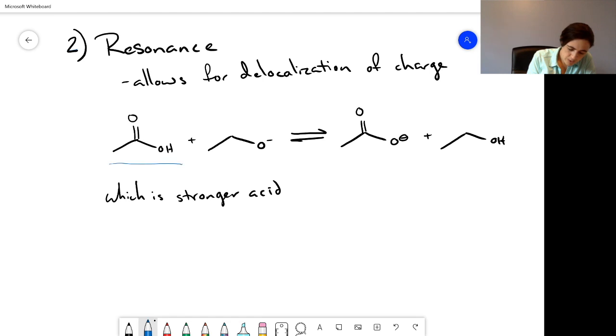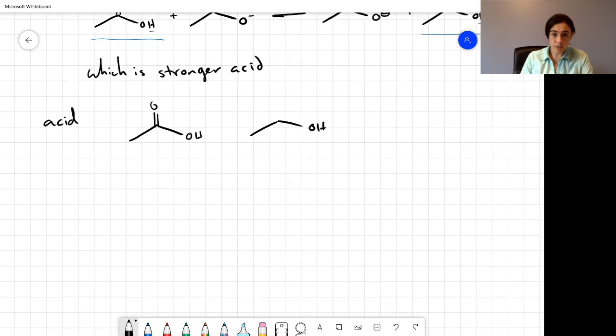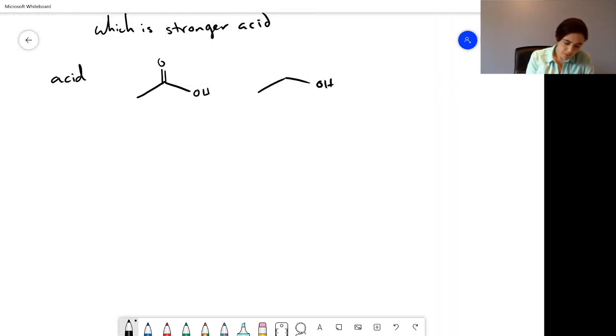We have a proton here, and our proton ends up being there. So our acids in this case are our carboxylic acid and our alcohol. These are our acids. Now, to identify which one is stronger, let's look at our conjugate bases.